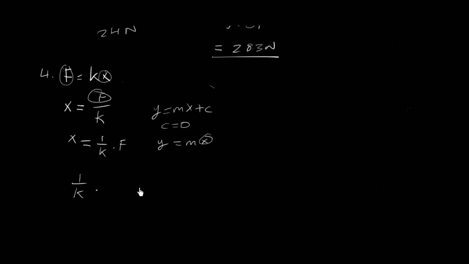So to calculate the gradient, which is 1 over k, is equal to the change in y divided by the change in x. And that is 6 centimeters, which is 0.06 meters, divided by the change in x, which is 9 newtons. Don't need to convert there because it's in newtons.